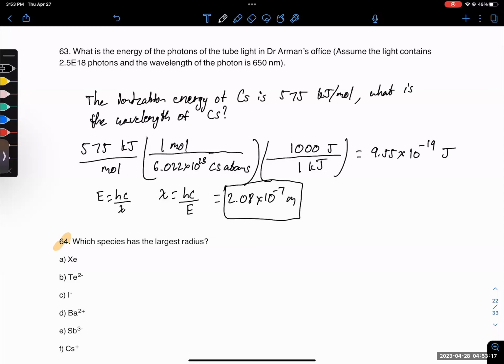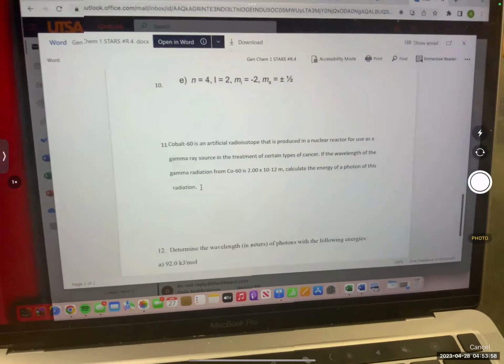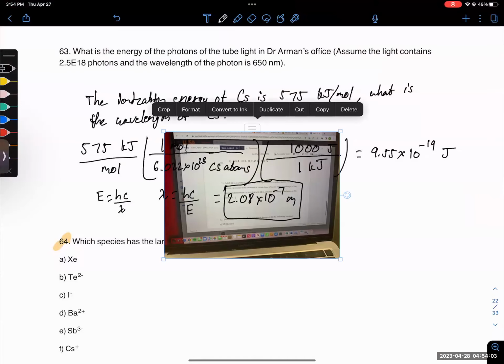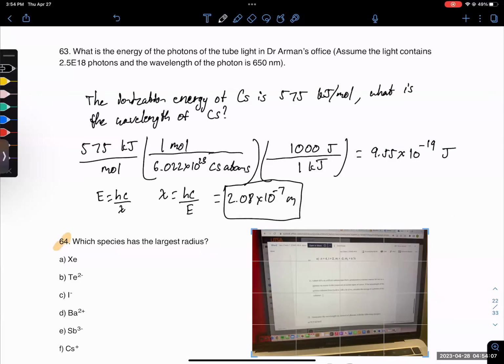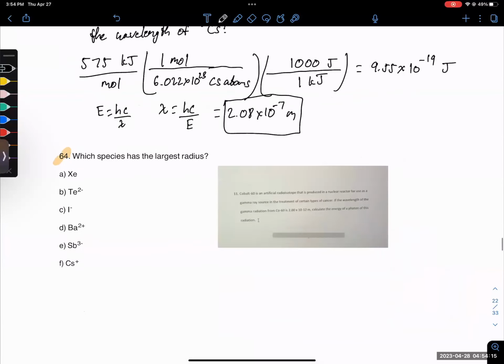Give us 1 second, everyone on Zoom. 1 second, Zoom people. All right, everyone.